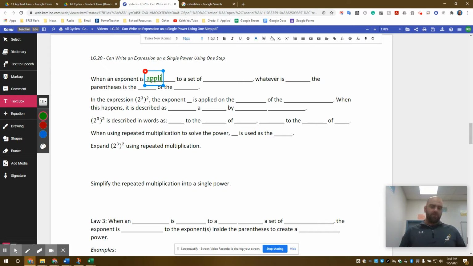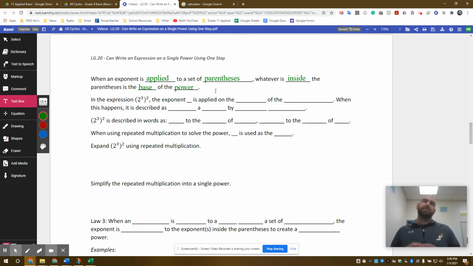Now, when an exponent is applied to a set of parentheses, whatever is inside the parentheses is the base of the power.